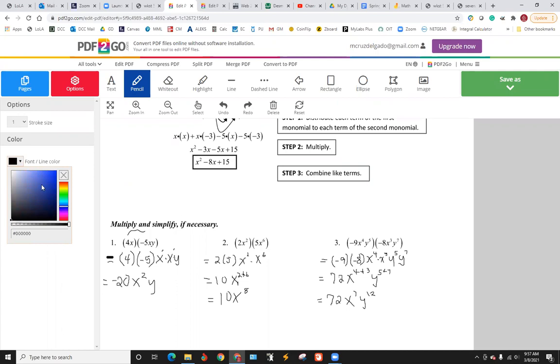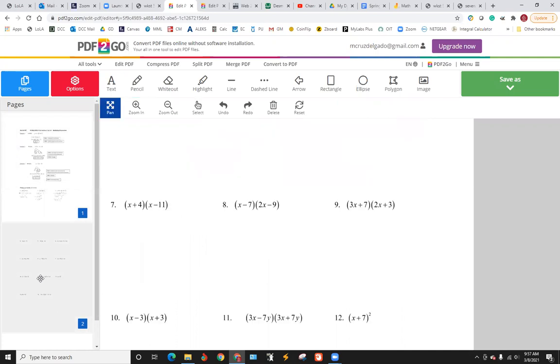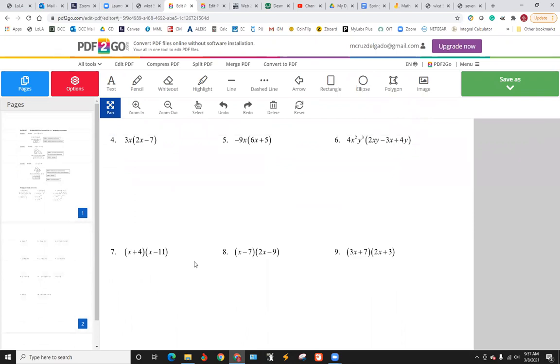Let's look on page 2 now. Okay, so concentrate on 4, 5, and 6.